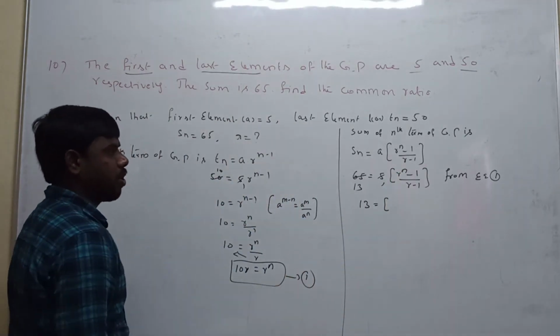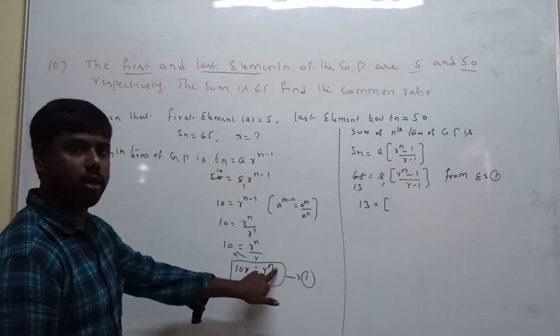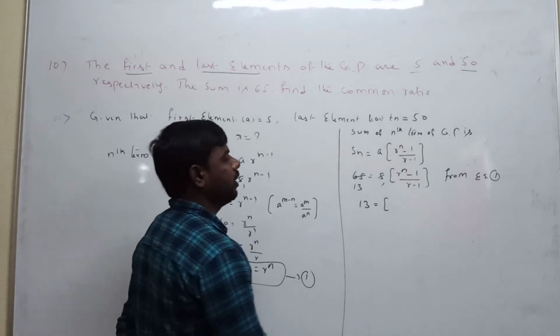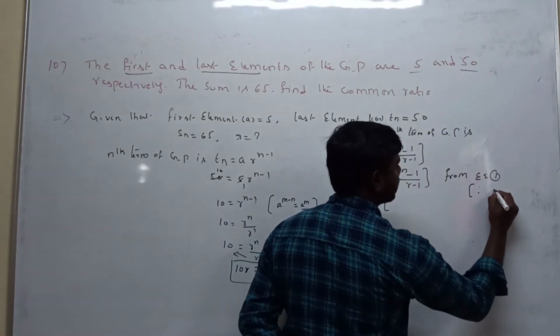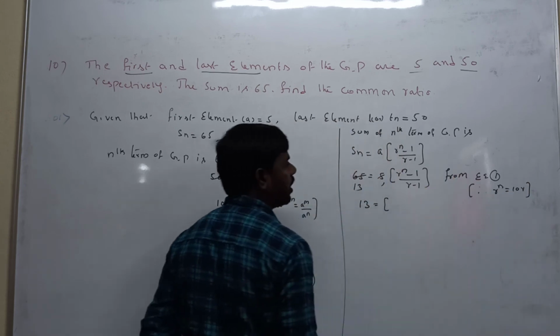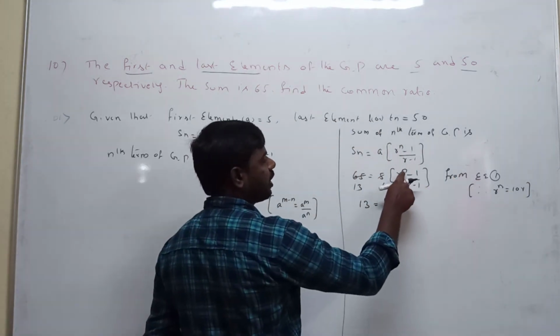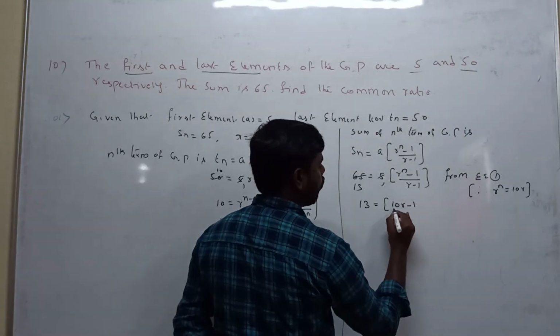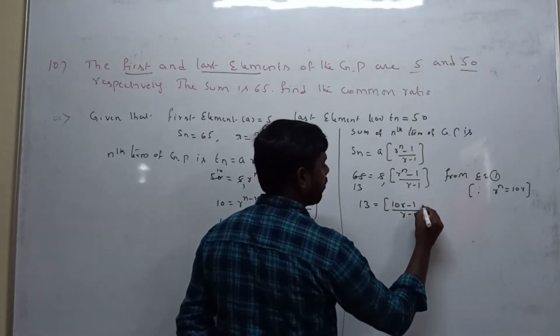From equation number 1, r to the power of n value is 10r, so r to the power of n is replaced by 10r. So 10r minus 1 divided by r minus 1.